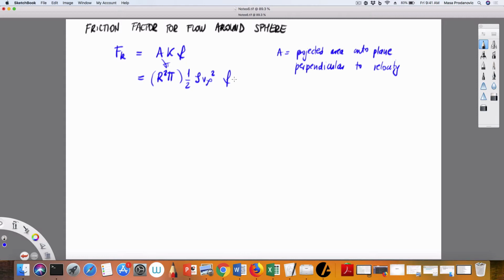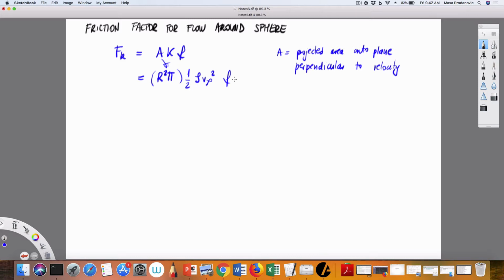For F_k, I do have formulas, and I could go into an entire integration exercise, but what is easier to measure is typically the terminal velocity of a sphere falling through a fluid. So we're going to express that force from that balance.